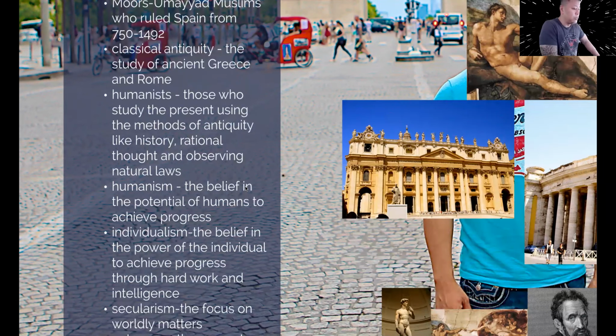Humanists are people who use the techniques of ancient Greece and Rome to study their contemporary world, using classical techniques like history, rational thought, and observing natural laws.